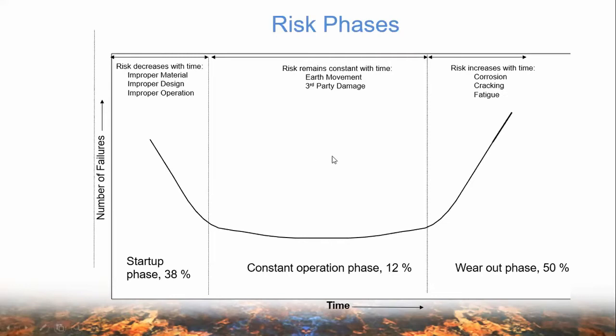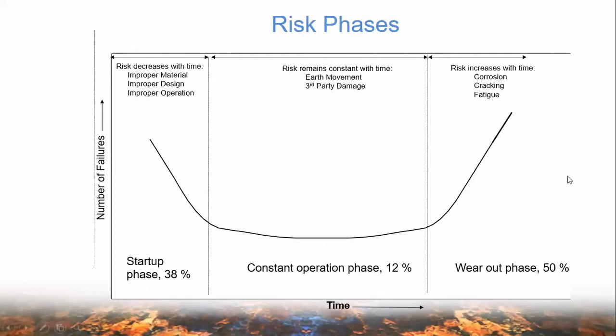In the constant operation phase, the risk is relatively low and constant with time. Almost 90% of our pipelines operate in this phase. During this phase, physical damage to the pipelines due to earth movement or third-party activities may occur.